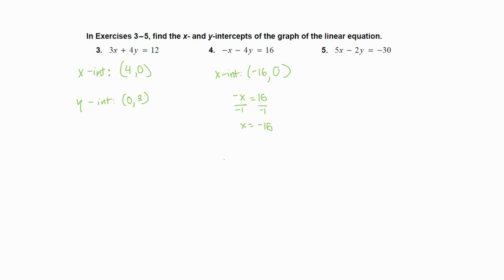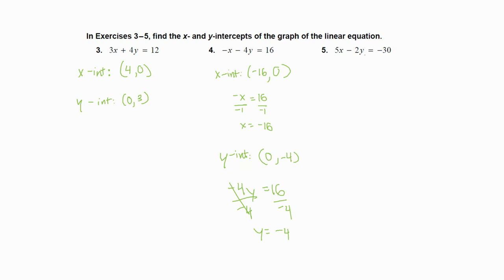How about the y-intercept here? Same deal. We're going to put in 0 for x because the x team feels like zeros when it's the y-intercept. And I have negative 4y equals 16. Don't lose that negative. Divide by negative 4, and I get y is equal to negative 4.